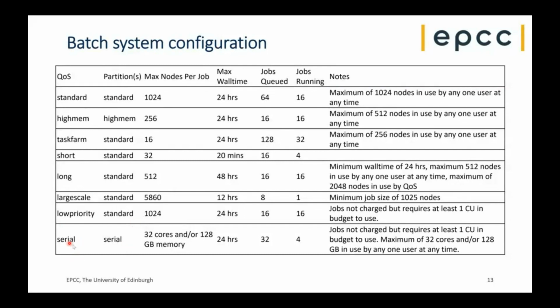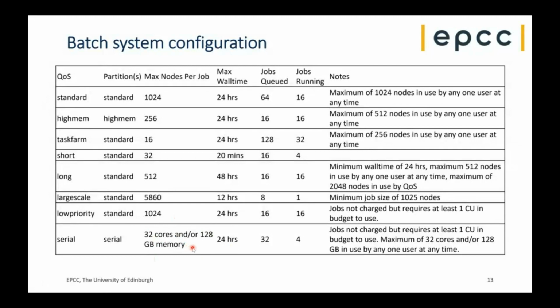One is the serial queue down here, which are those data analytic nodes. There's 2 data analytic nodes I mentioned before. And so if you want to submit to those, you need to submit to the serial partition with the serial QoS. And then you can ask for up to 32 cores for 24 hours on that system.